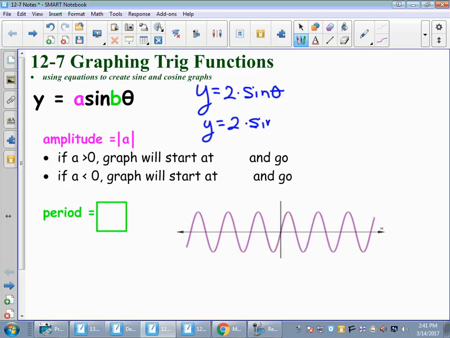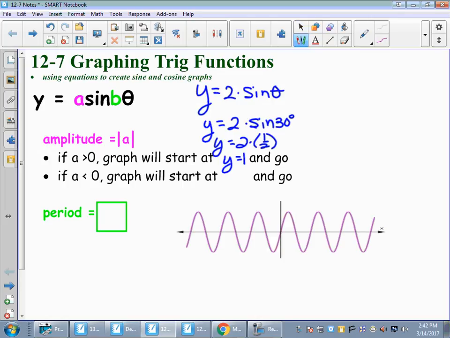So if it was 30 degrees, the sine of 30 is a half, and then you double that. So your graph is not going to go up to a half, it would go up to 1 for 30 degrees. So it doubled the height. And when we used to land at 1, we'd now land at 2. So that affects your vertical stretch.